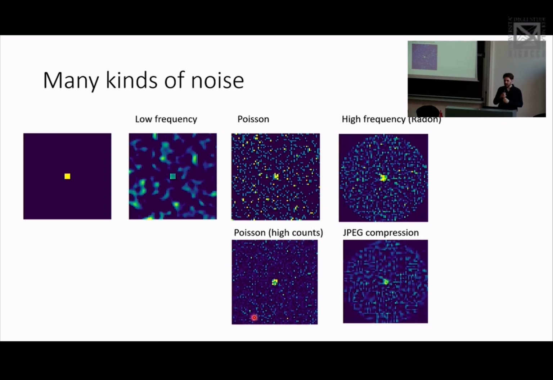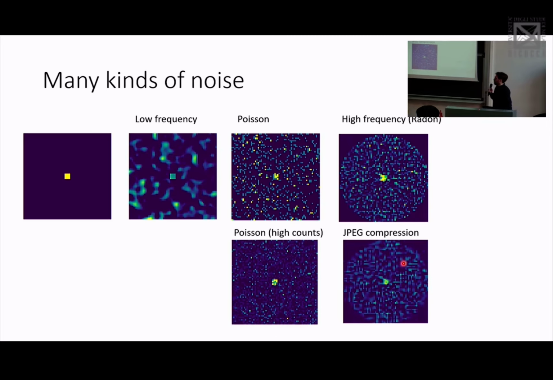And indeed, there can be many kinds of noise. There is the low frequency noise. There is the Poisson noise, which looks different from the random noise that I've shown you before. And also there can be some high frequency noise. You can see here that we have some kind of streaks. The noise has some kind of correlation, but it's very different from this correlation here.